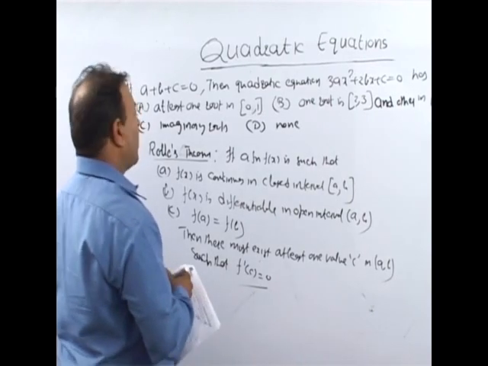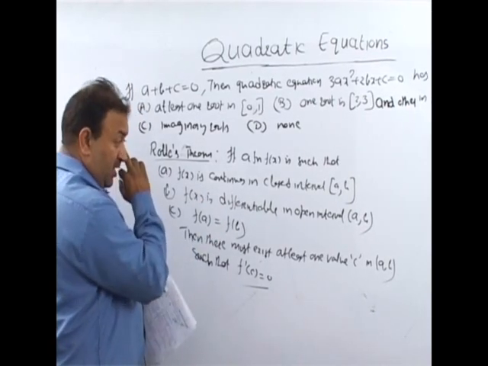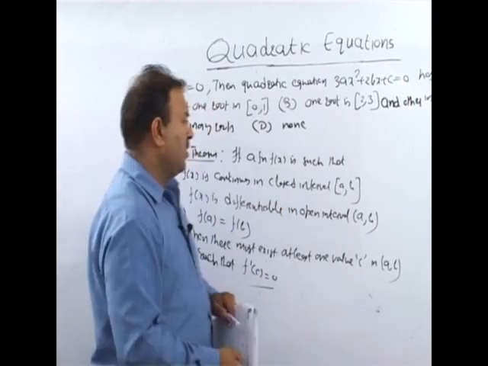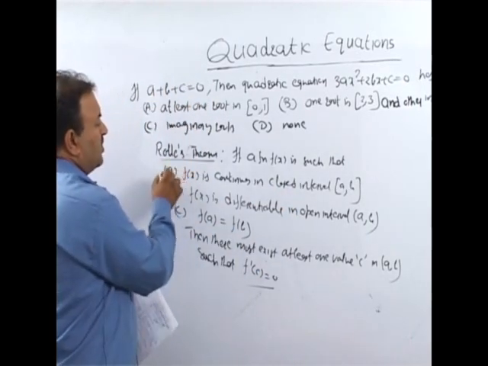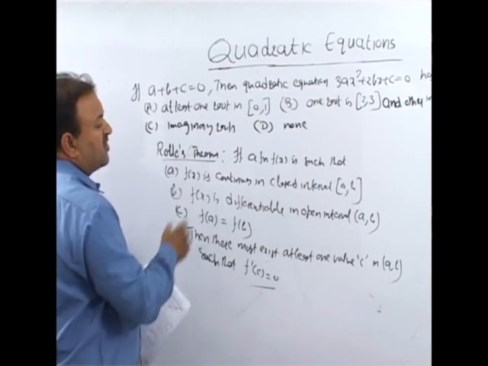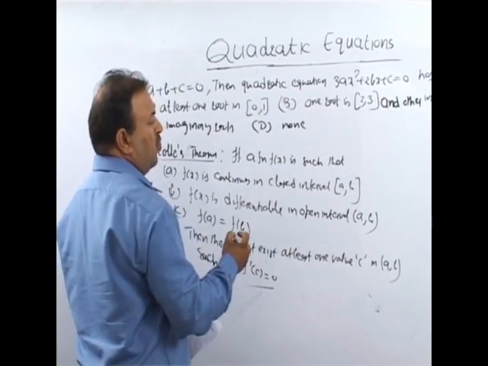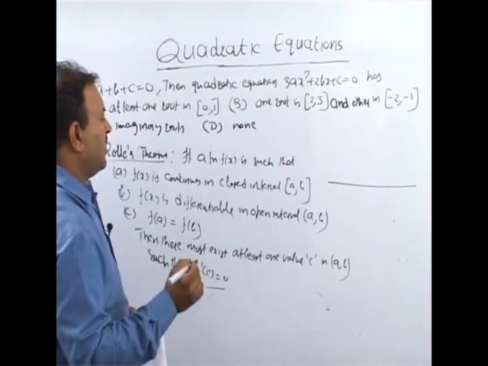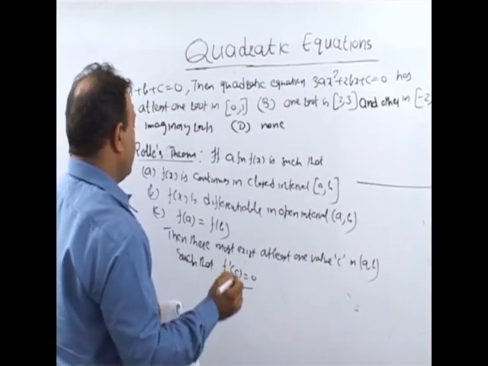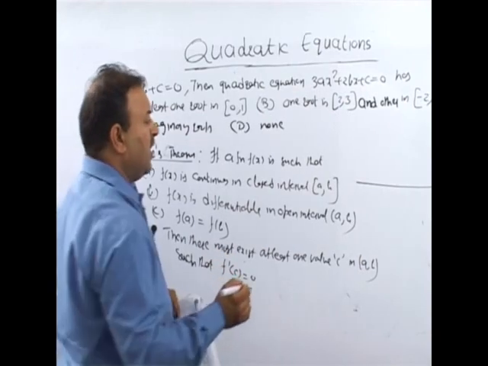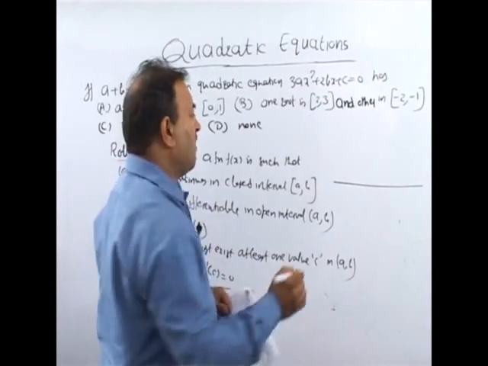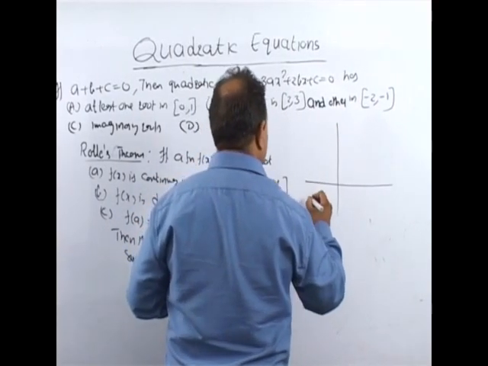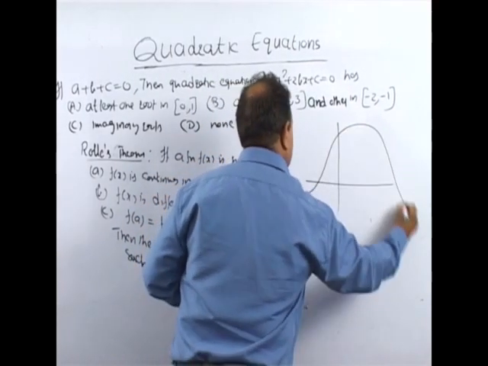Try to understand Rolle's theorem, especially with the graph. The mathematician Rolle states that if a function is continuous in the closed interval [a, b] and differentiable, which means no pointed graph, then: this is the x-axis, this is the y-axis, and suppose we have a curve like this.